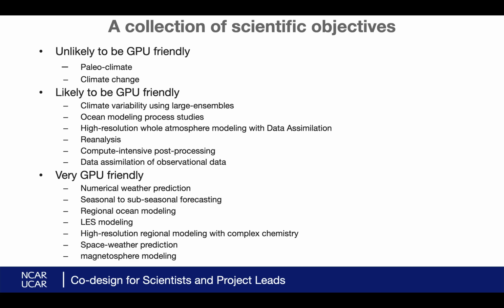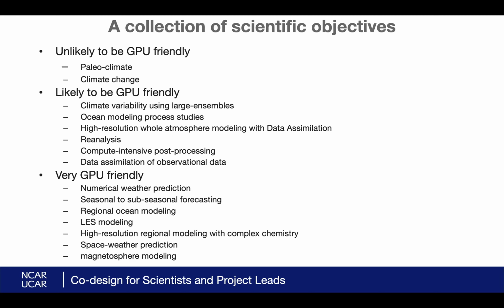Then there's the likely category: climate variability, ocean modeling process studies, high resolution whole atmosphere modeling with data assimilation, reanalysis, and then very GPU friendly. This is a pretty easy list to create. Some of these already have applications that exist today or are ready to run here in the next 6 months.